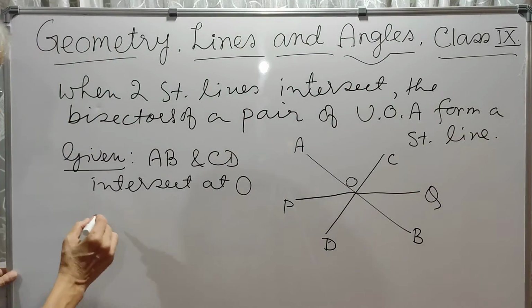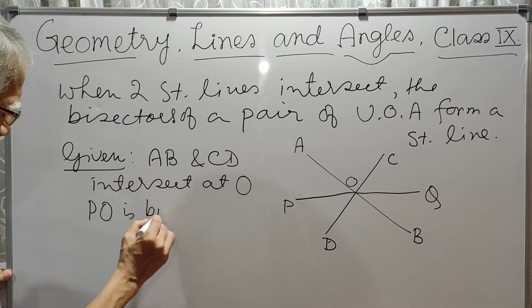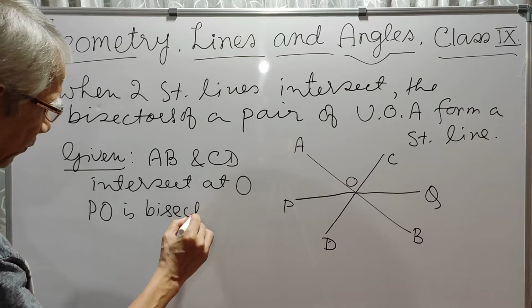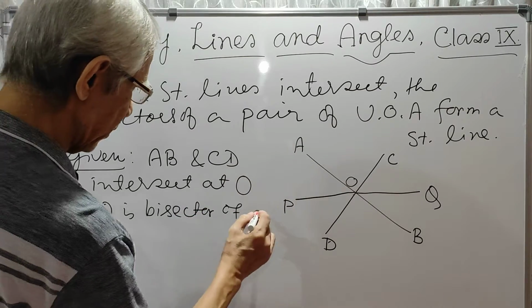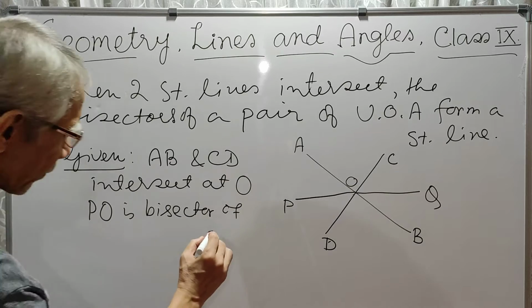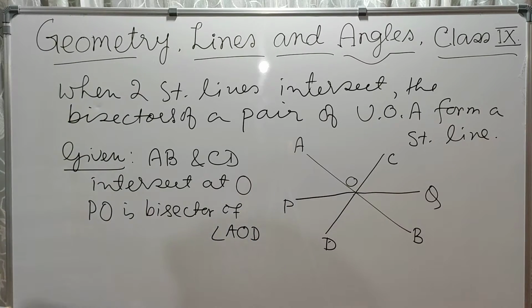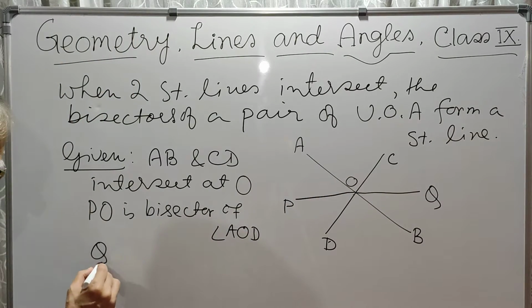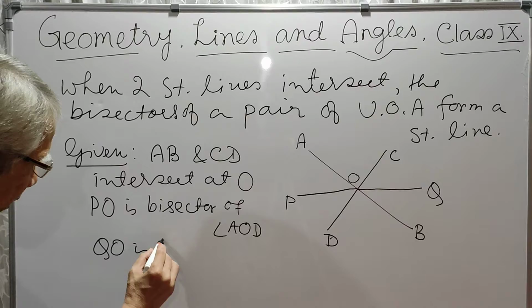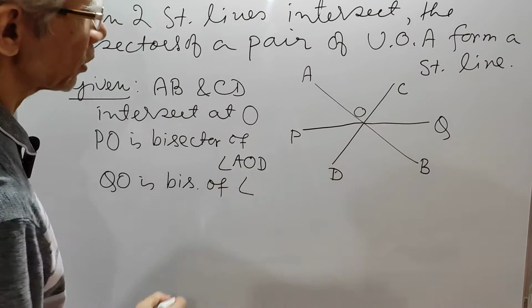So this is also given: PO is the bisector of which angle? AOD, bisector of angle AOD, all right. And QO is the bisector of angle what?